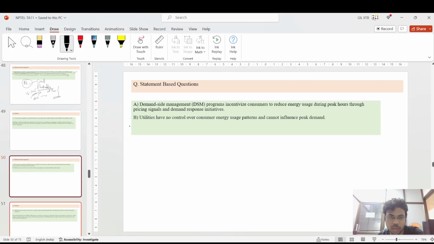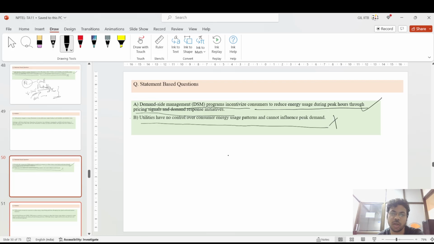Both correct also, I've got. Okay, let's go to the solution. The first statement says demand side management programs incentivize consumers to reduce energy use during peak hours through price signaling and demand response initiatives. That is true.